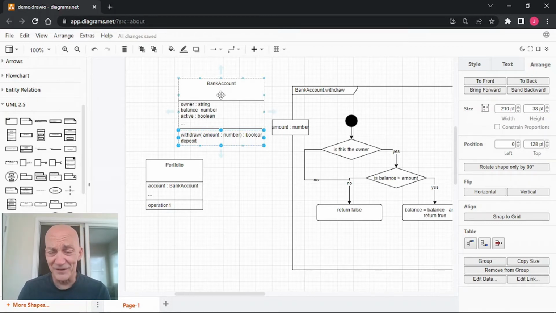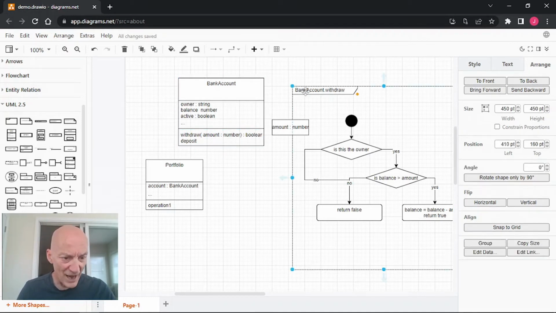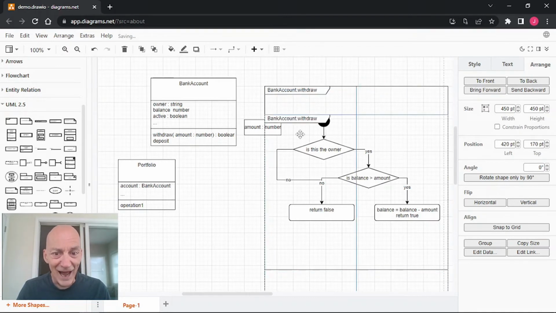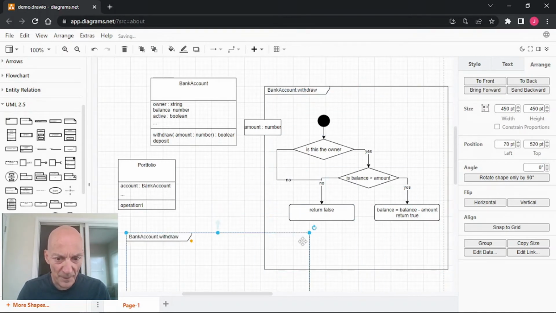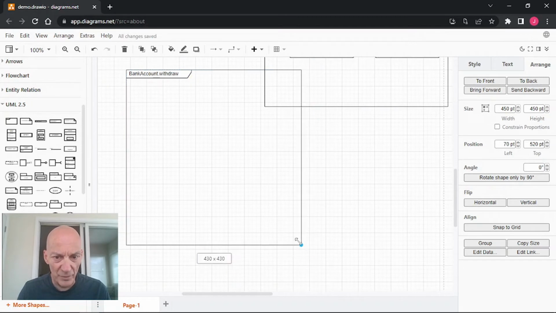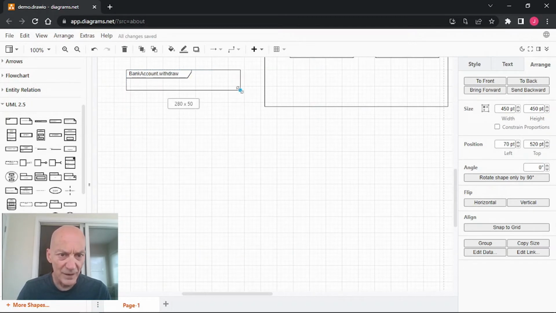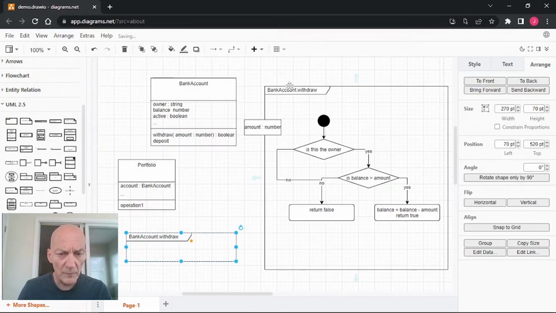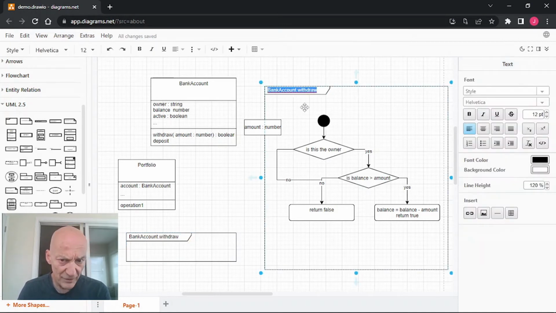So all that to say, there is going to be one behavior, activity, that is not a part of any class. Remember, I'm going to shrink this up here, that when I named this activity diagram, I named it with the class name and then the method name.